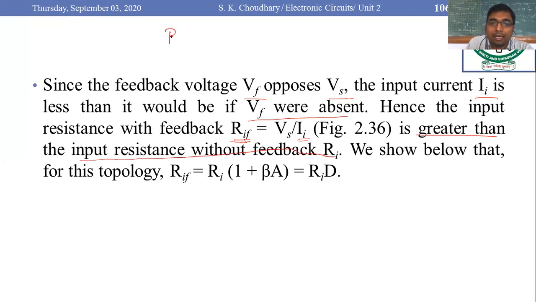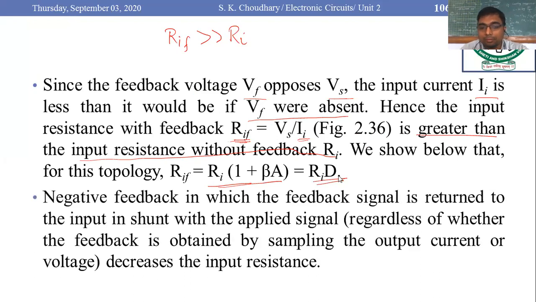So RIF becomes larger than Ri. And by what factor is it increased? It is increased by the factor of Ri into (1 plus beta A), that is Ri times D. This is the resultant resistance after applying the feedback.